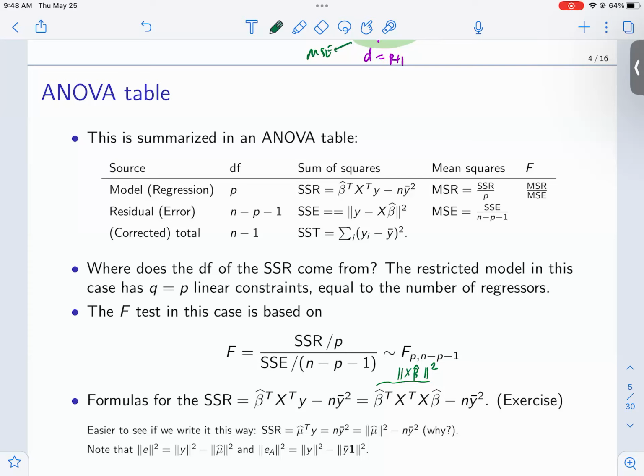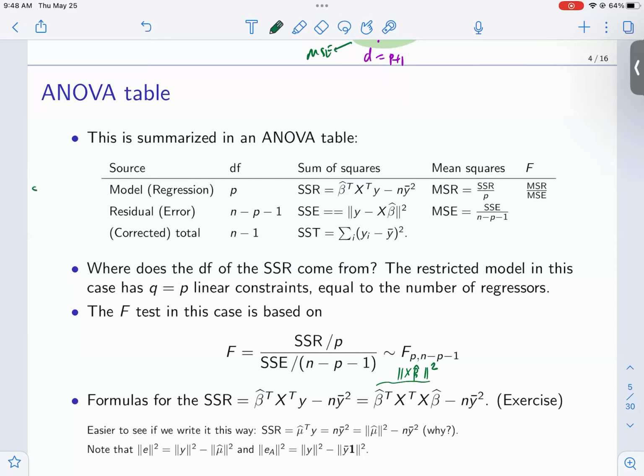You can do it for the general F test, so you could have it between two models. Basically this is the difference between the reduced and full model. This is the residual of the full model, and this would be the residual of the reduced model.